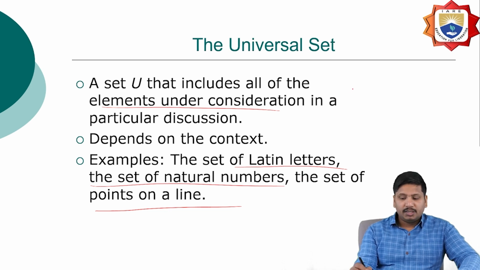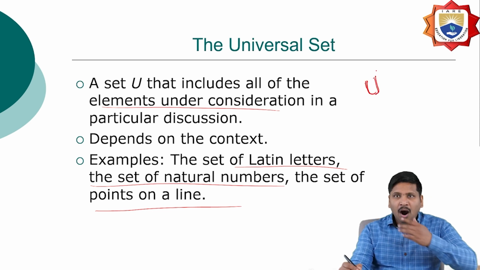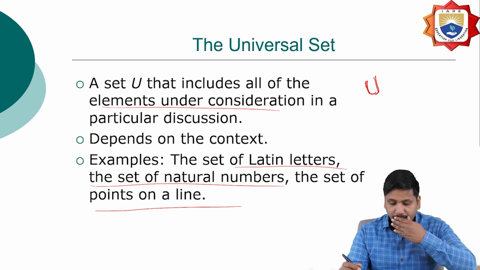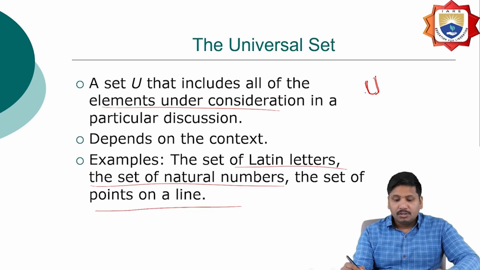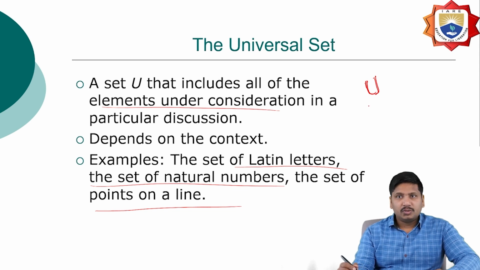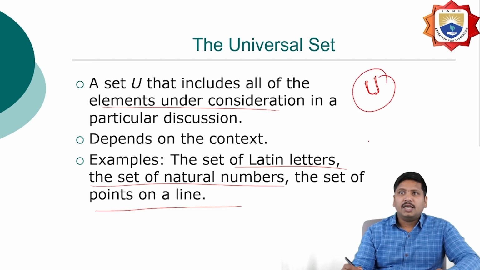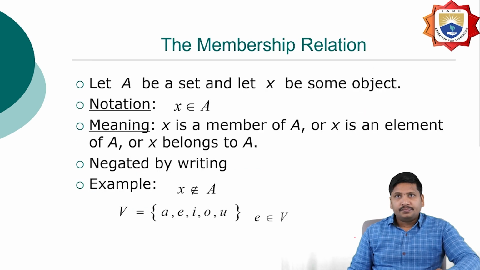So the universal set is the unique set that includes all the elements under consideration in a particular discussion. Depending on the context, we can define the set, and the set of all rational numbers, set of natural numbers, set of points on the line should all be treated as the universal set.